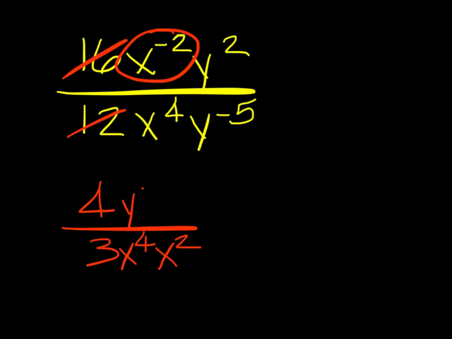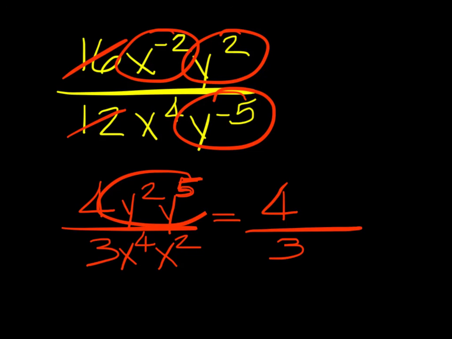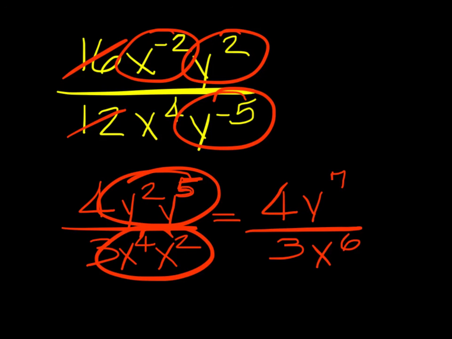And then on the top you have y to the second that stays. This y to the negative fifth joins it and becomes positive y to the fifth. Now, the 4 over 3 stays, but we have this to simplify. That's y to the seventh, and on the bottom, that's x to the sixth.